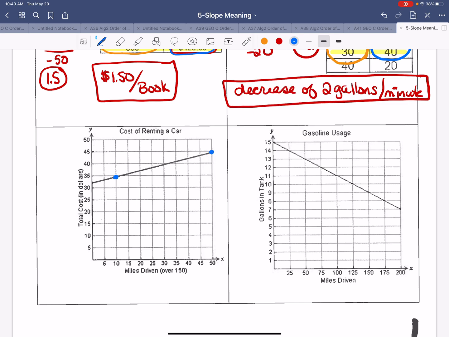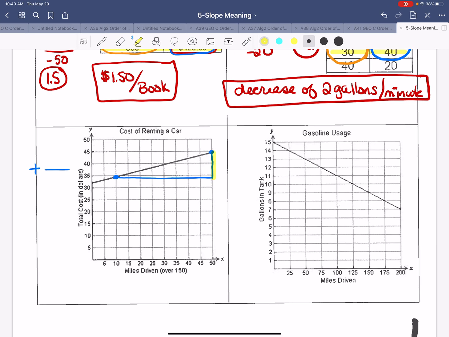Right there. So what we did was use the rise over run. Is this a positive or a negative? I think we can recognize that when we look at this from left to right, it's going up, so this would be a positive slope. And then we draw our little handy dandy right triangle. Again, it doesn't matter if we draw it above or below. And we want rise over run. What is our rise?